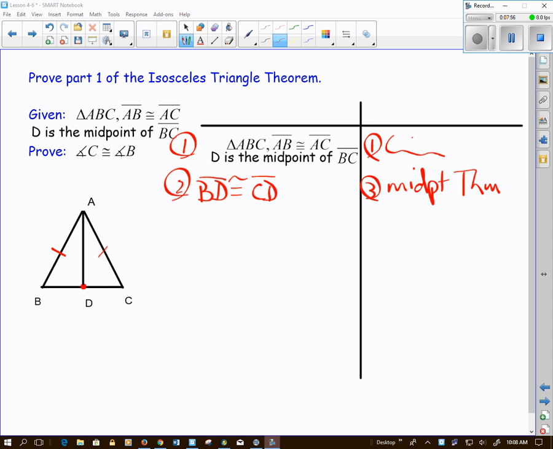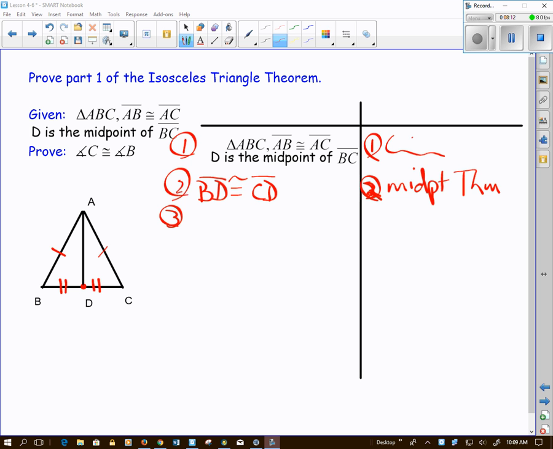Mr. Theroux would have just used the definition of congruent. I like to use the midpoint theorem there. And that's a 2 over there, not a 3. Okay, so mark that on the diagram, of course.